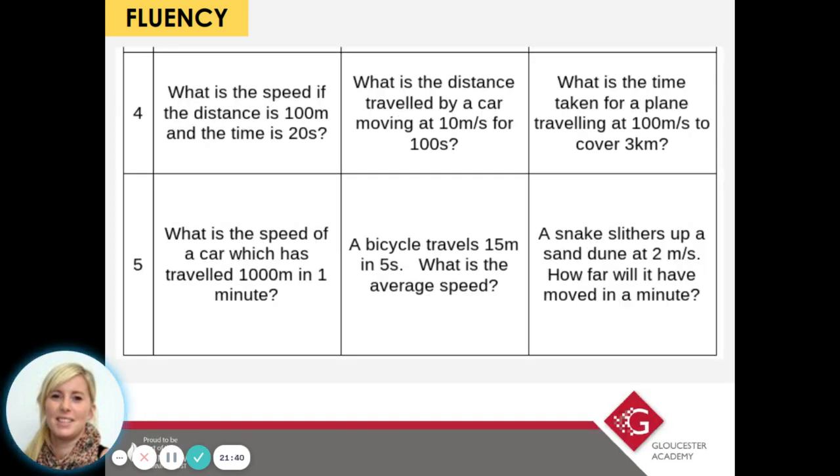Okay, and then same again from this page. So either do both the easy ones or both the medium or both the hard, or a mixture, or you could do all 6 of these and that would be even better. So again, pause the video, come back when you're ready.